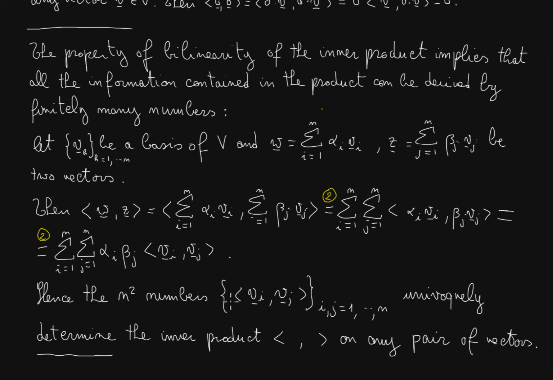Hence, the n squared numbers, inner product of v_i times v_j for i and j that go from 1 to n, univocally determine the inner product on any pair of vectors. So once I know these n squared numbers, I know the inner product of any other two vectors, as long as I can express these vectors in function of the basis that I've chosen, of which I know the inner products.